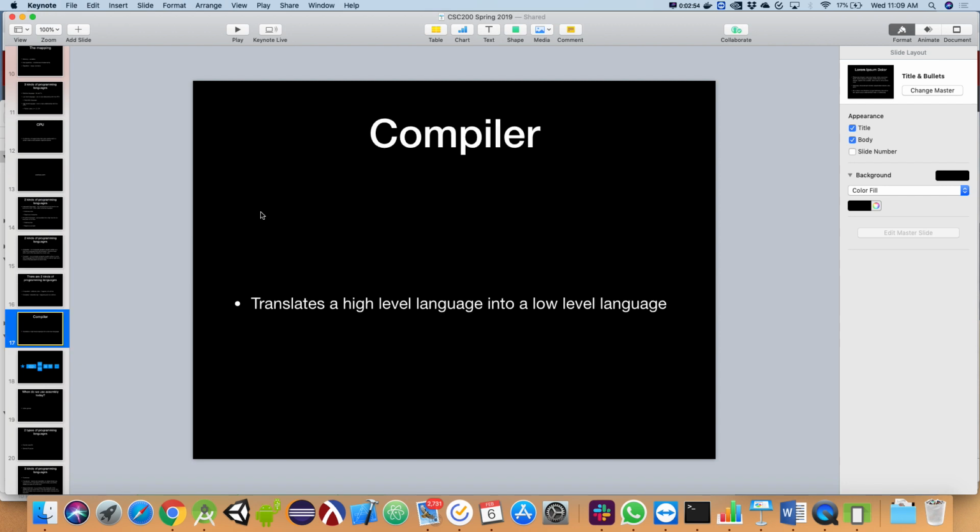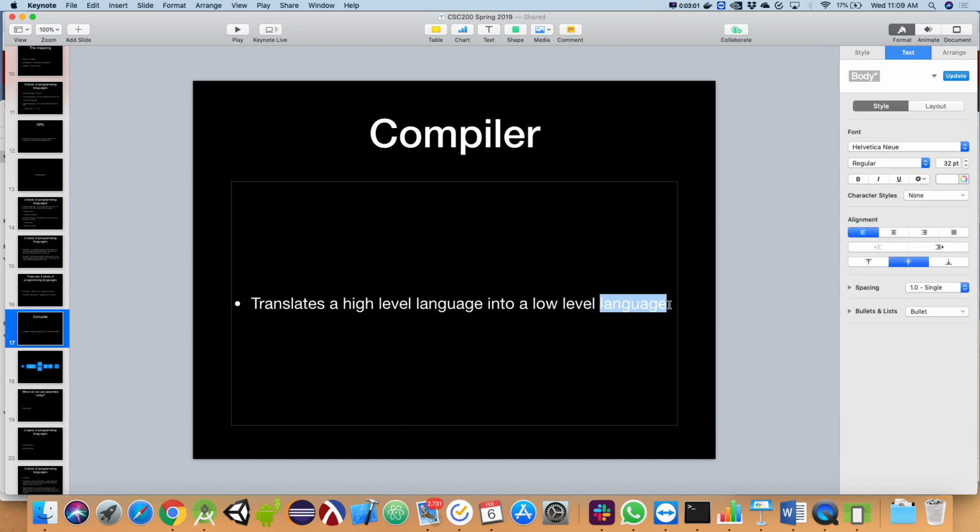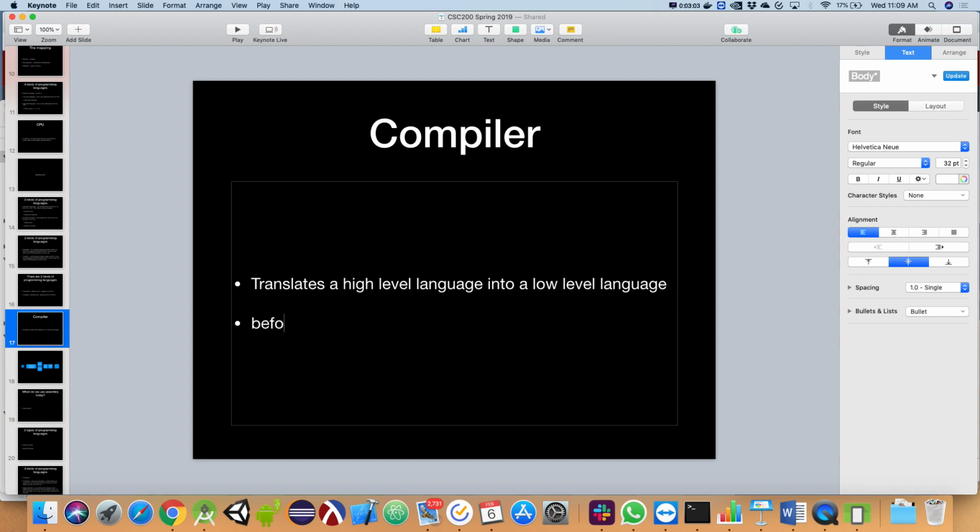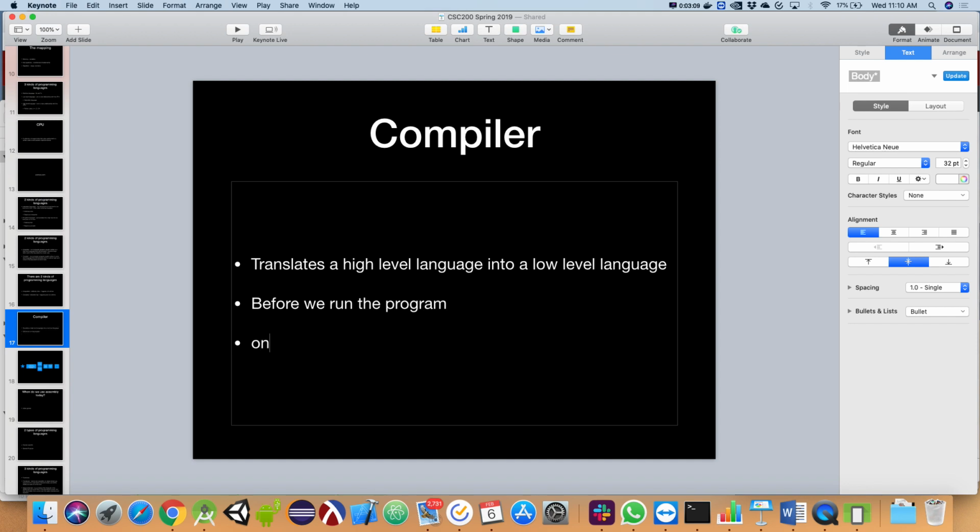So to be specific, what does a compiler do? It translates a high-level language into a low-level language, specifically before we run the program. And you only need to do this once per modification of the code.